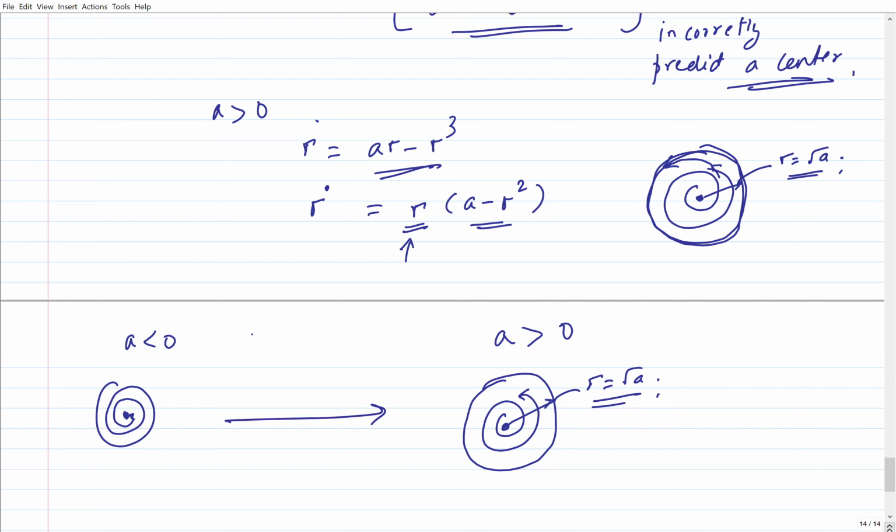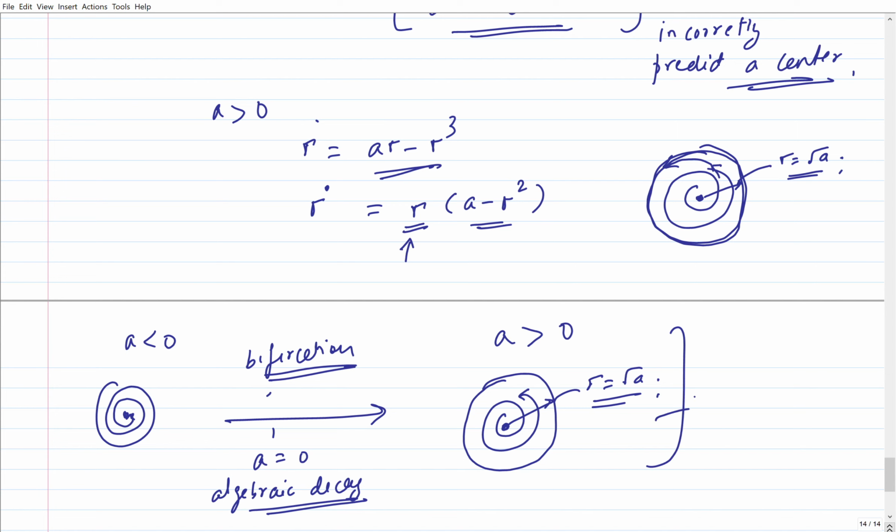So this is what's happening at the bifurcation. And a equals 0 was still algebraic decay, and still there was a fixed point at r equals 0. So that's an example of a supercritical Hopf bifurcation.